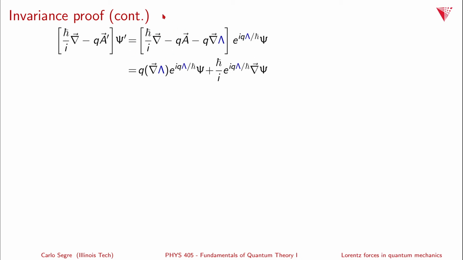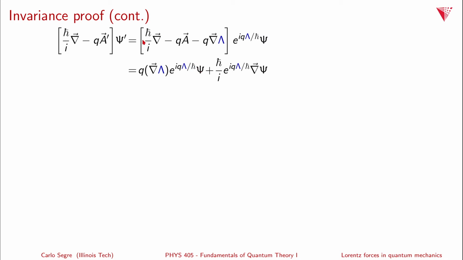Well, if we take this term here, we're taking the gradient of the first term, the exponential. That gives us q times i divided by h bar, so the h bar and i cancel. We get q times the gradient of what's up here, which is the lambda. So we get q times the gradient of lambda times e to the i q lambda over h bar, psi.